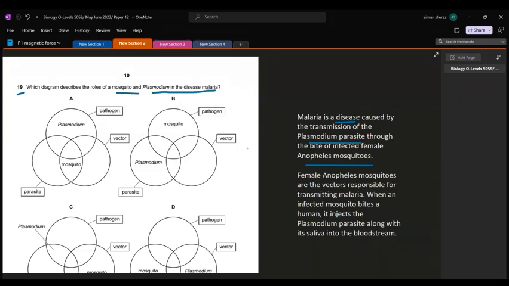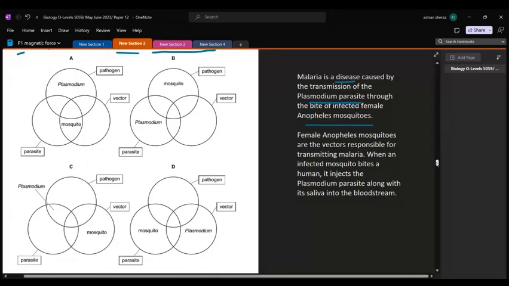So you've got to know that Plasmodium is a parasite, and because it spreads the disease malaria, it is also a pathogen, because pathogen is any microorganism that spreads the disease. So we have to look at the options where Plasmodium is in pathogen and parasite both, and that is option C.